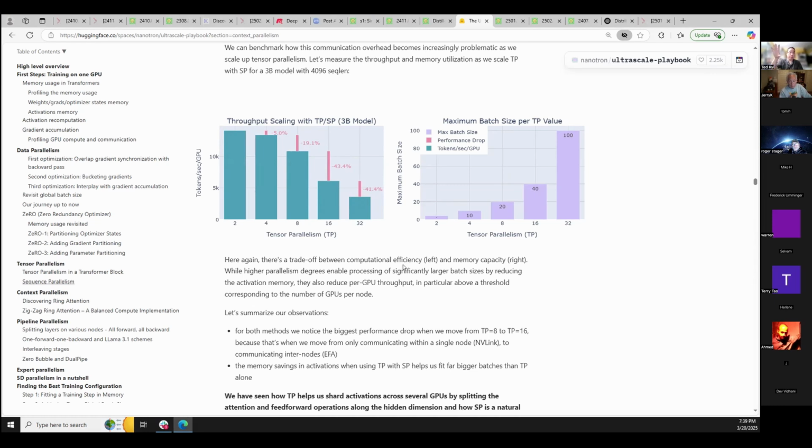That's on their rig, because their rig had 8 H100 nodes with NVLink, and then they had whatever other communication between nodes, which is fast, but it's just not nearly as fast as the communication within the node.